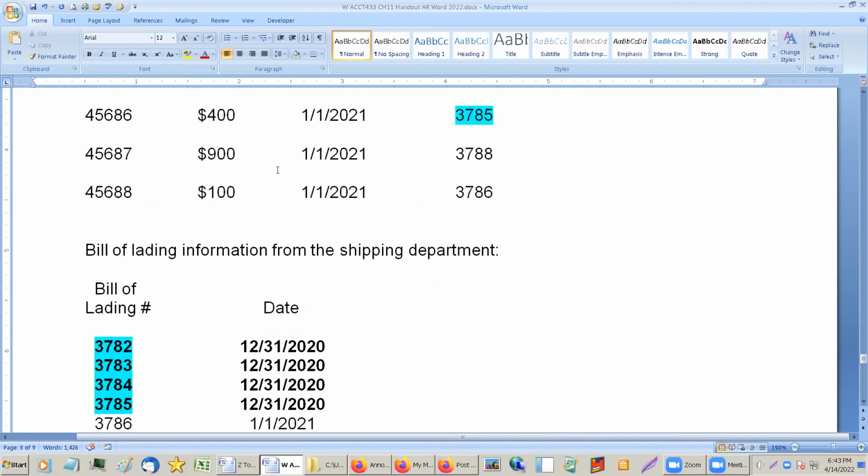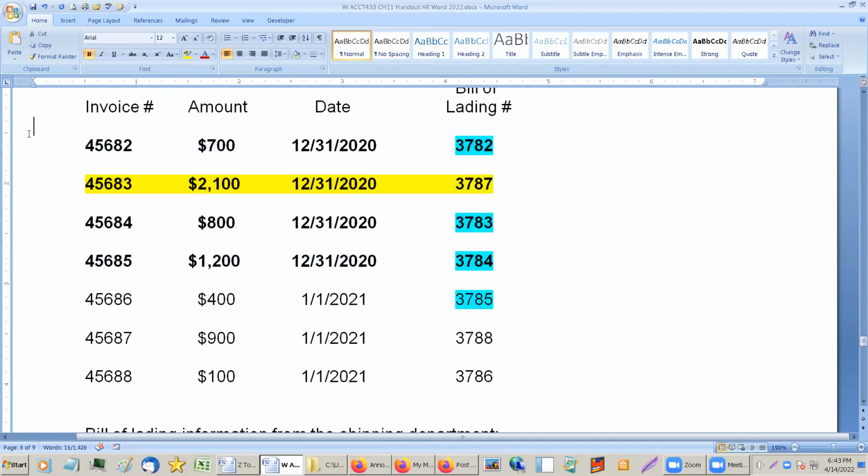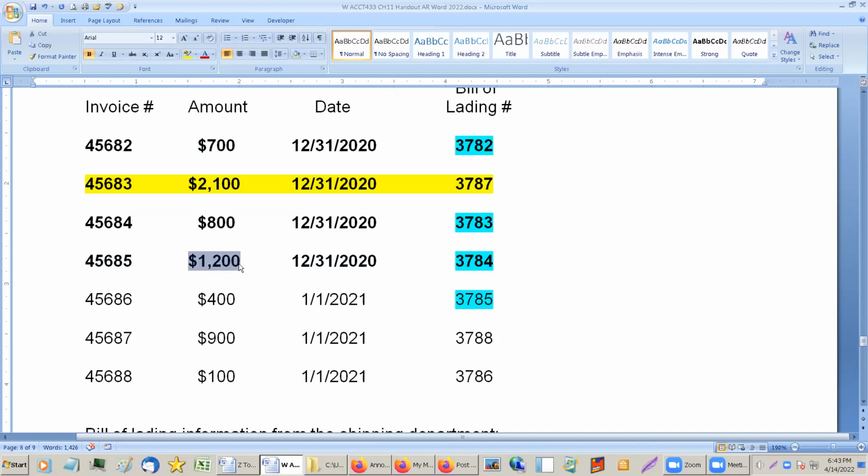So if all of these up here were included in the year end sales, let's add that up. So these total what? 700 plus 2100 plus 800. 4,800.